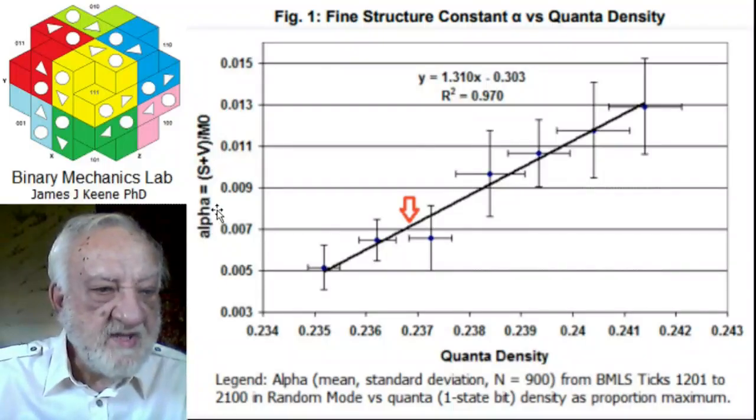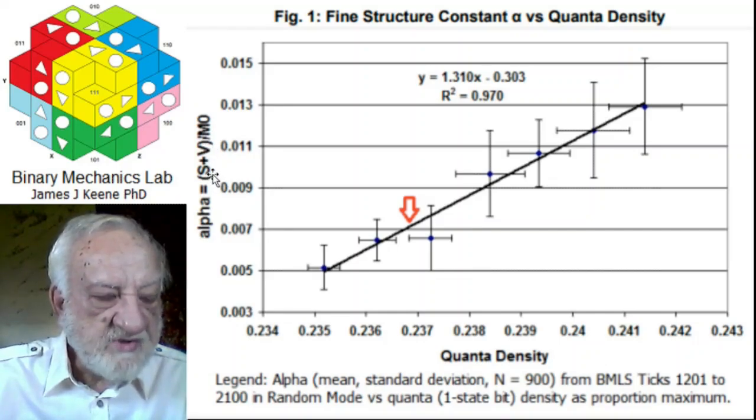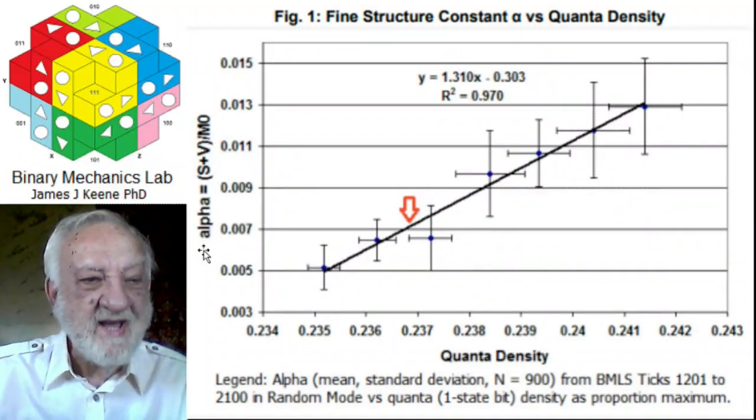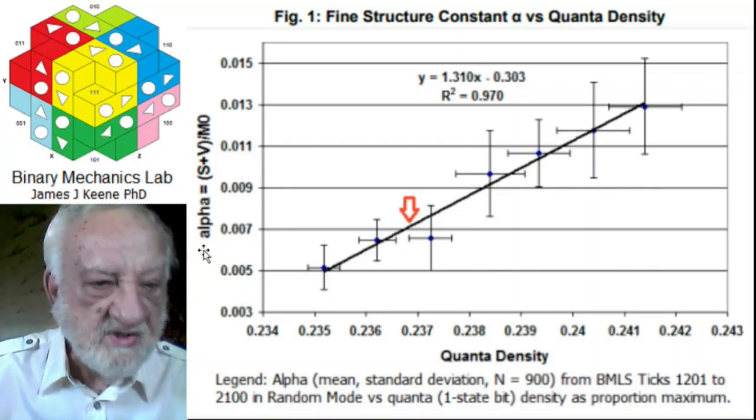Alpha is simply the ratio of the scalar and vector bit operations, which involve electric for scalar and magnetic for vector, divided by the number of M-type quanta available to be accelerated by these two potentials, scalar and vector. That is the definition, very simple, in binary mechanics of the alpha coupling constant.